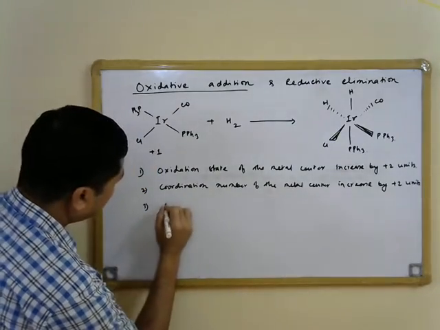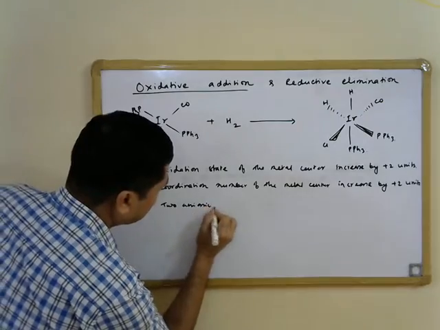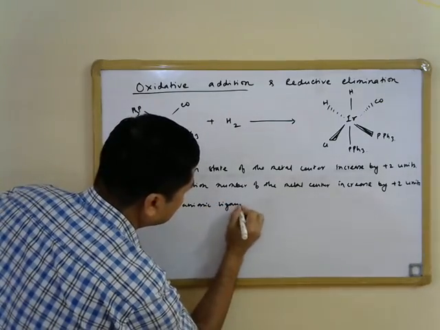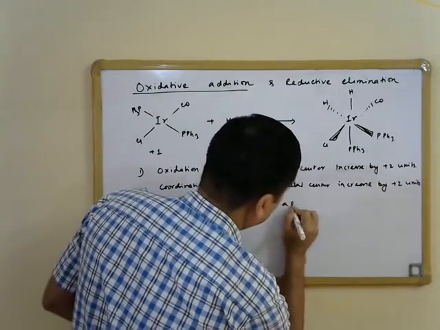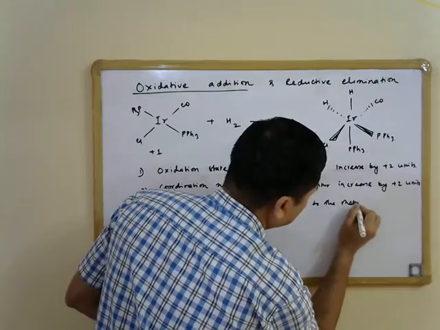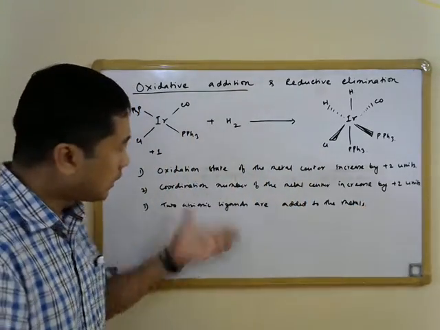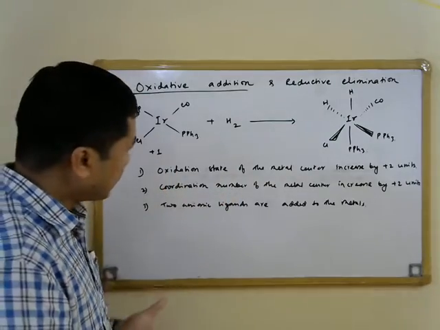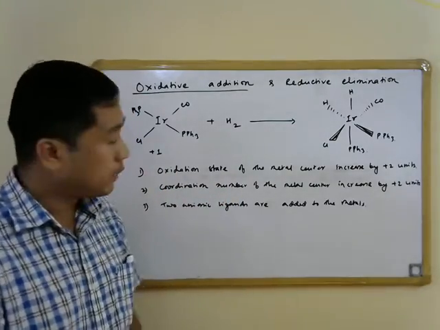And also 2 anionic ligands are added to the metal. So all these changes essentially happen in oxidative addition.